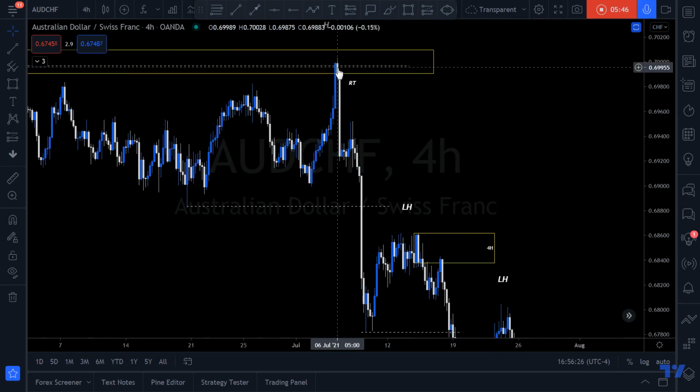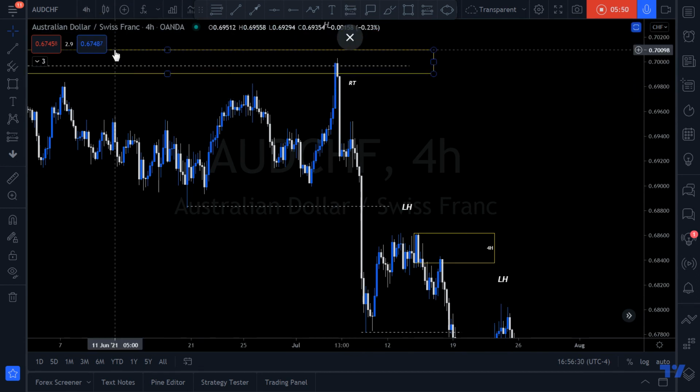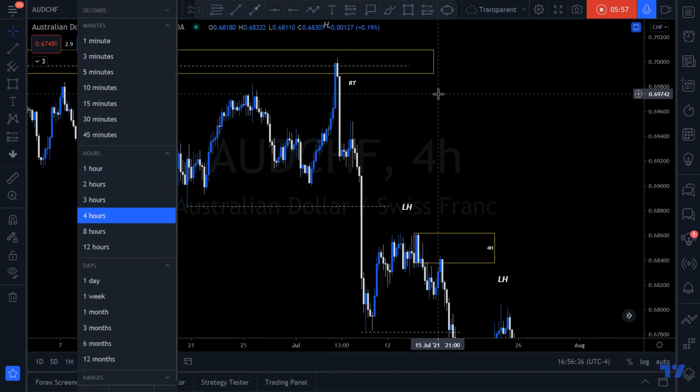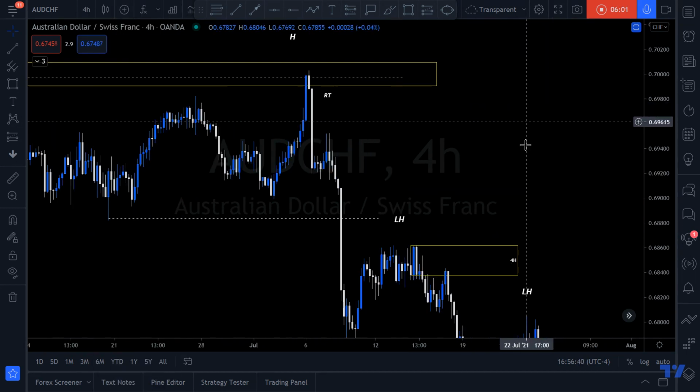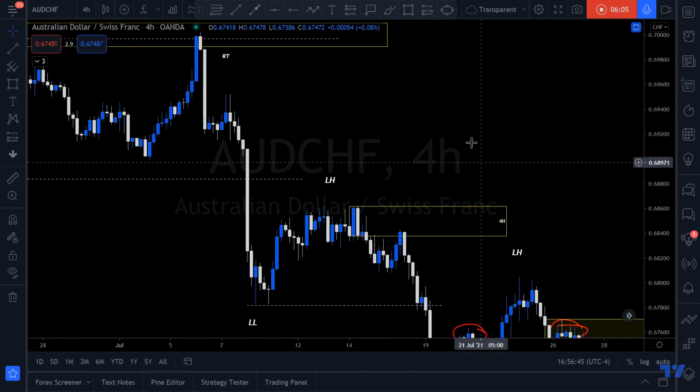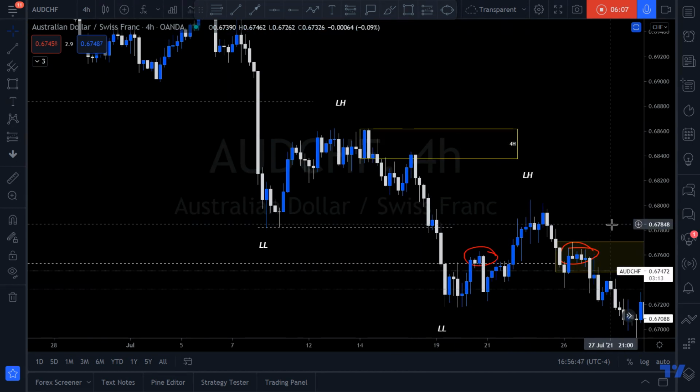The way you get those entries is you go down to the micro levels, anything an hour and below. And you just want to make sure that you're getting in on a retest of a lower time frame order block. And you want to correlate your order blocks.